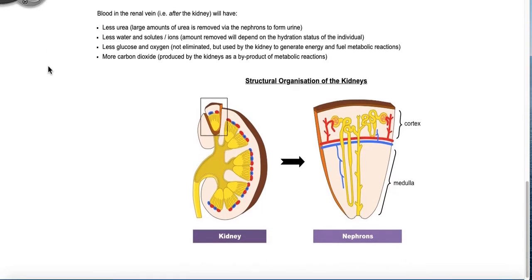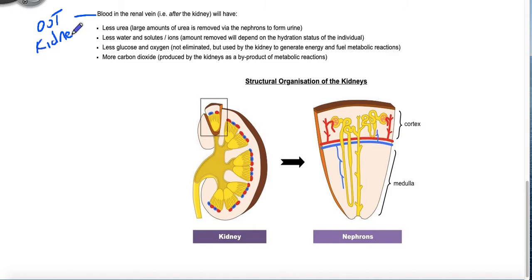So let's talk a little bit about blood in the renal vein. So blood in the renal vein, and this is the blood that is coming out of the nephron, out of the kidney, and it's going back into your body. So if you want to think of this as clean blood, right?